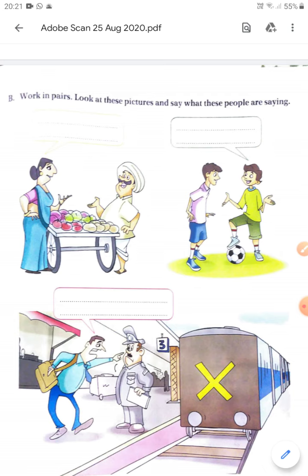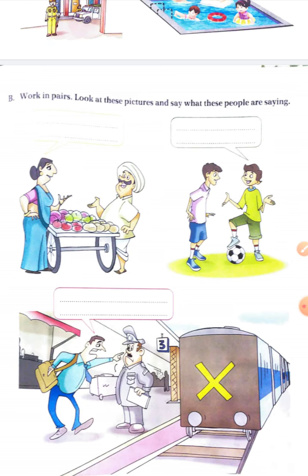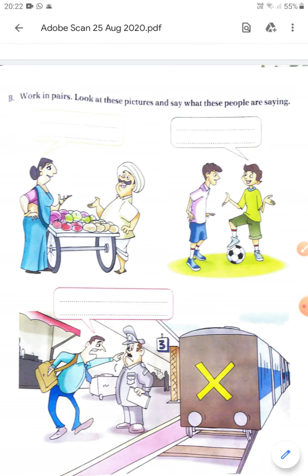Second picture, we can see two boys playing with a football. They are there with a football and two friends are there. So what do you think he must be saying? The person in the yellow t-shirt must be saying, would you like to play in my team? Or would you like to play with me? It can be anything, hai na?